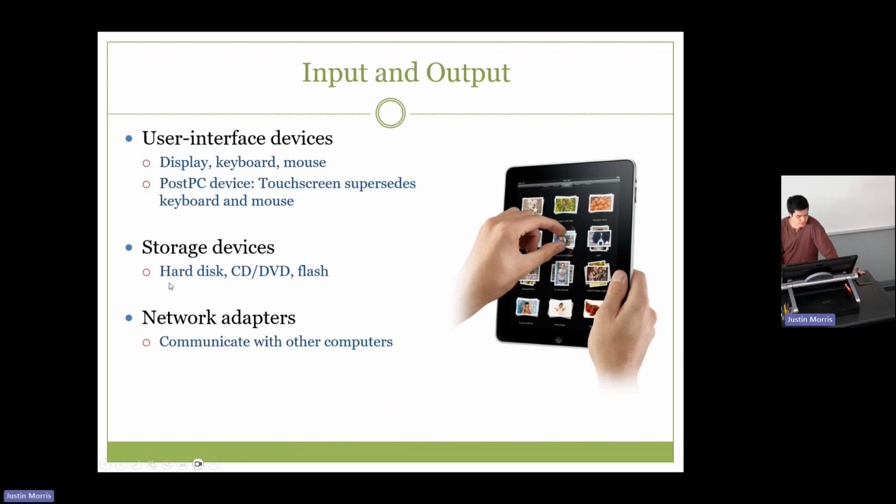And then our storage devices are usually going to be a hard disk for lots of storage. We don't use CDs and DVDs anymore. And then we have flash, which is also becoming much more common than hard disks because it's becoming cheaper to manufacture and getting better density. Okay? And then to communicate with other computers, we have network, which is also input output. Okay?